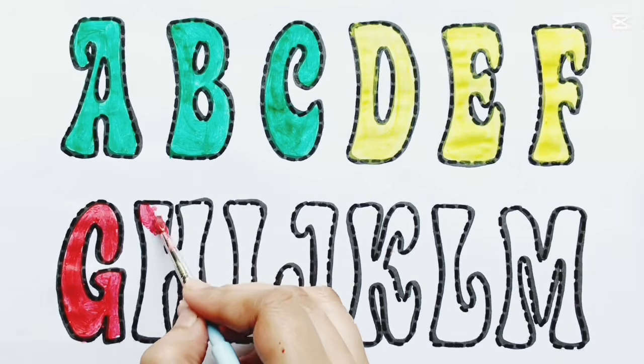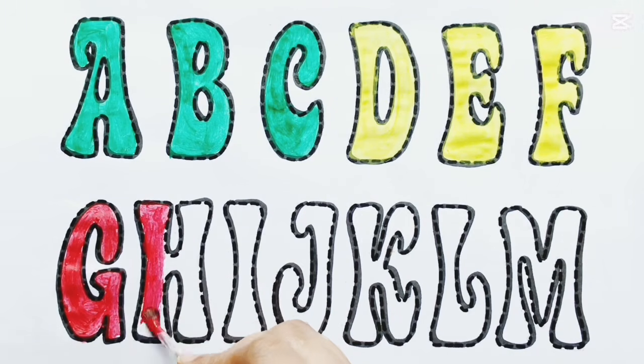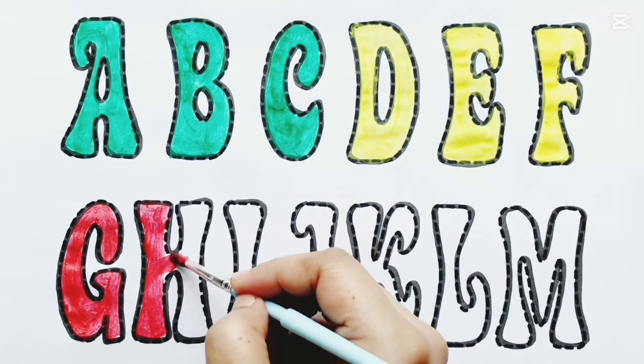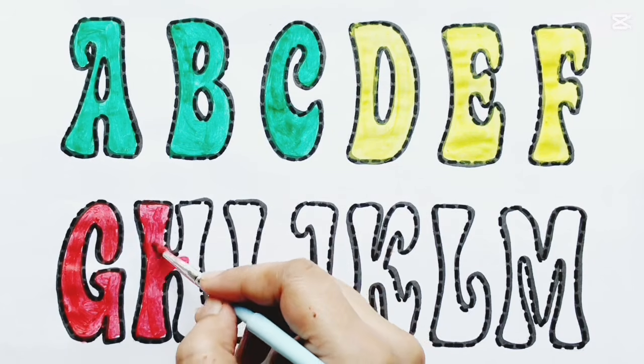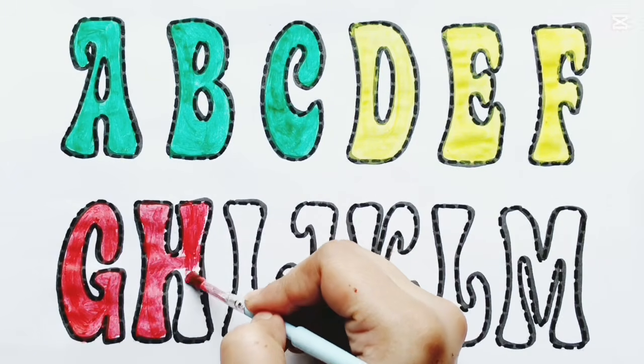Let's see a list of words that start with A. H for house. Apple, angel, address, animal, answer, April, autumn, ambulance, airplane.